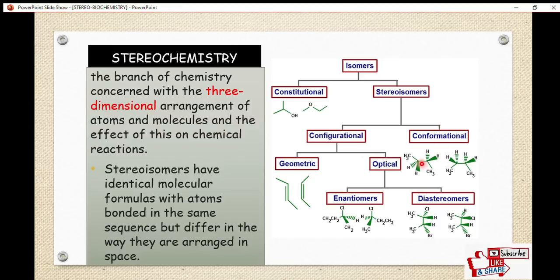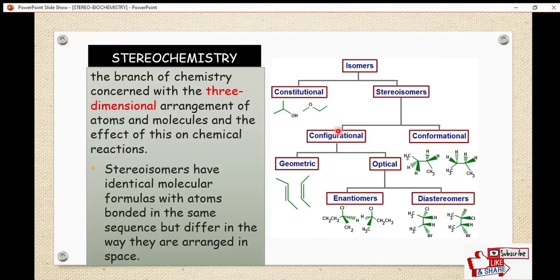When we check this molecule, we have only single bonds. Here we have 1, 2, 3, 4, so it's a 4 carbon atom, and all the bonds involved are single bonds. So these are conformational isomers.